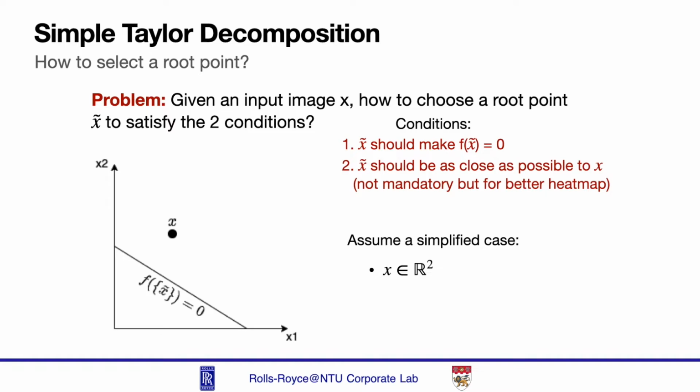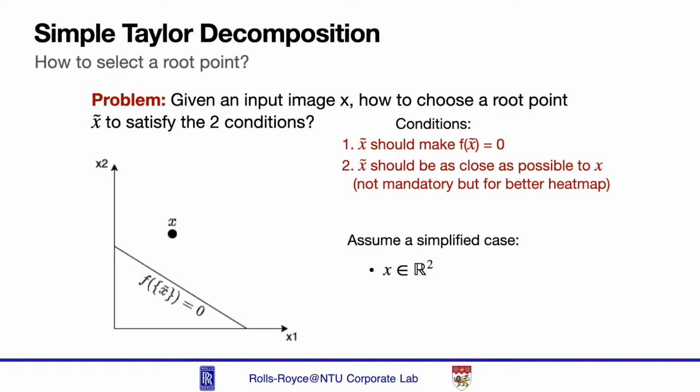Usually, our input image space has very high dimensions, but we only do this for simplicity, for demonstration purposes. And there exists a line, and every point on this line will have the function f output 0. So that means every point on this line will satisfy our first condition.